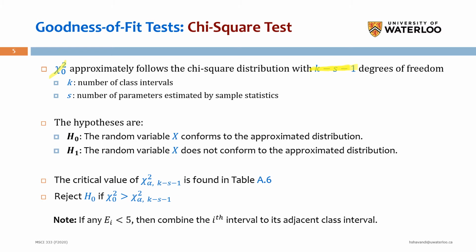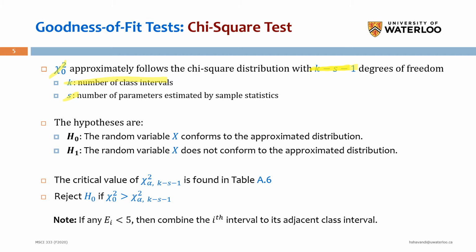Here k is the number of class intervals and s is the number of parameters estimated by sample statistics. For example, for a normal distribution we have two parameters, mu and standard deviation, so s is 2. For an exponential distribution we have just one parameter, lambda, so s is 1.